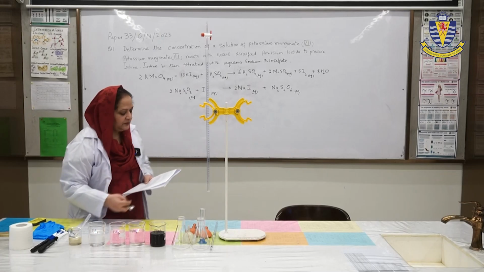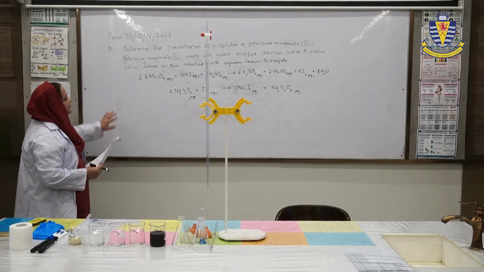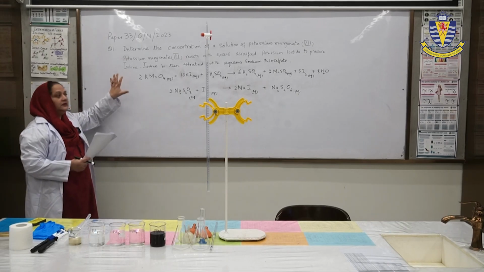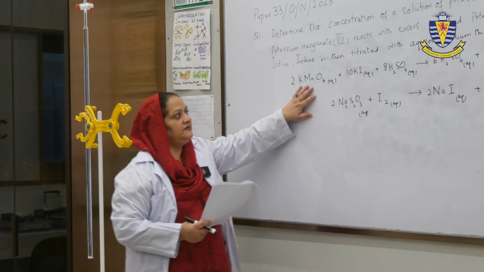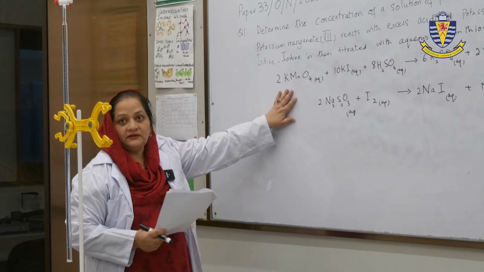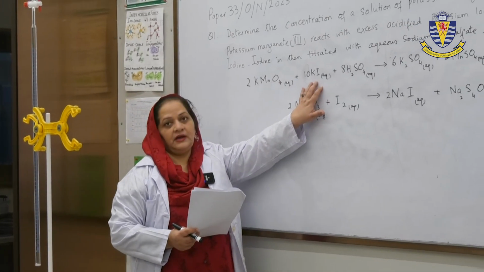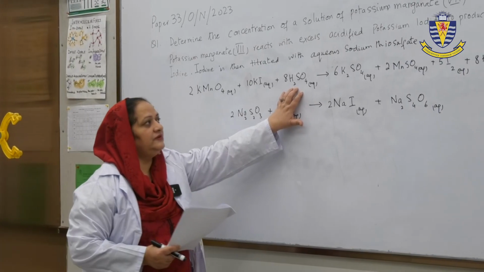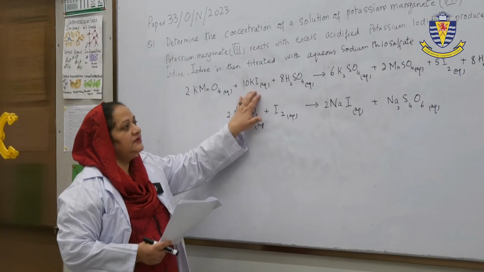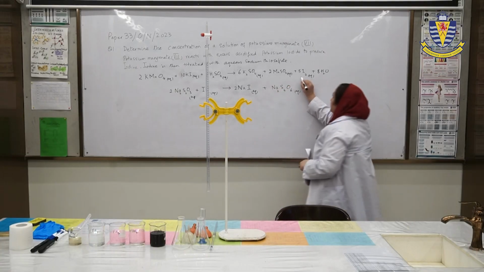Now in this experiment you should know that there is a double reaction taking place, and both of them are redox reactions. Potassium manganate(VII) is acting as an oxidizing agent, will oxidize the potassium iodide in an acidic medium, in the presence of sulfuric acid, and converts the iodide into iodine.